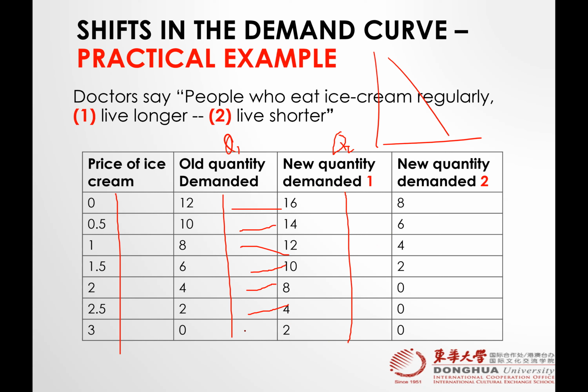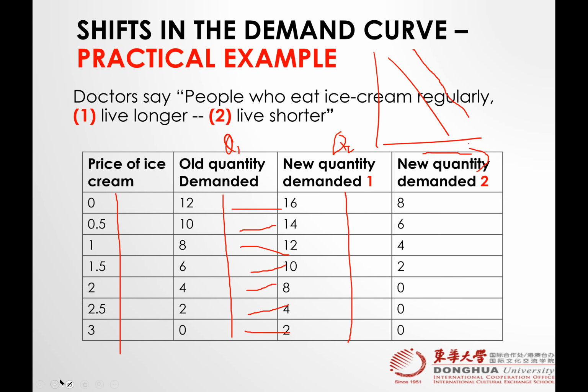So price is the same, but quantity demanded has increased. Increased means there's going to be a new demand curve, and the new demand curve will be on the right side. Why? Because quantity increase means going to the right. If we increase the quantity on the x-axis, it means we are going to the right.